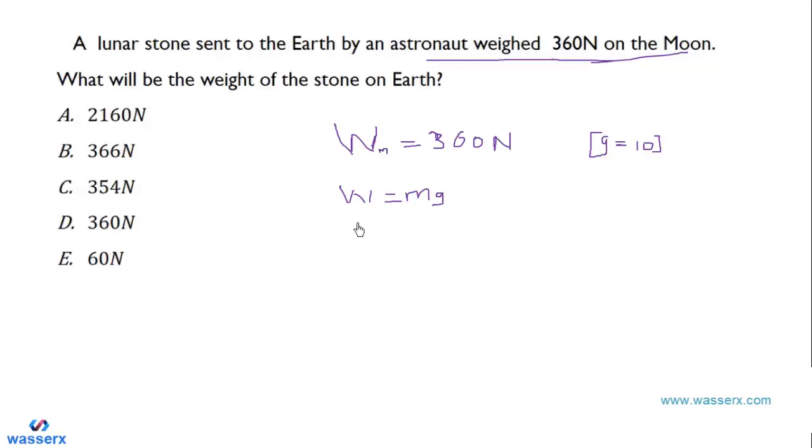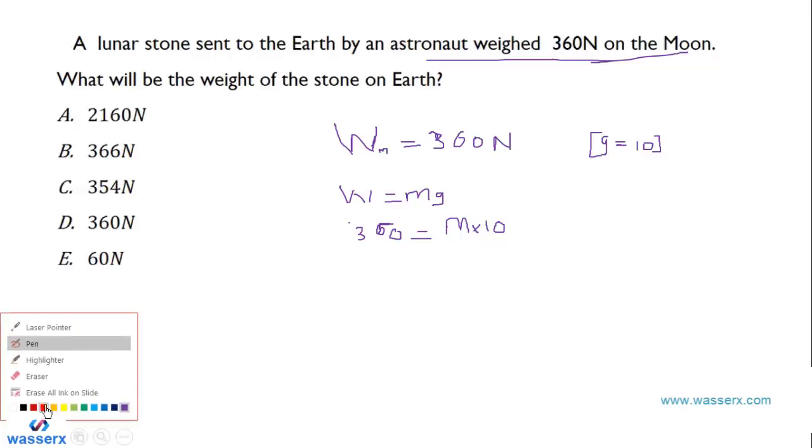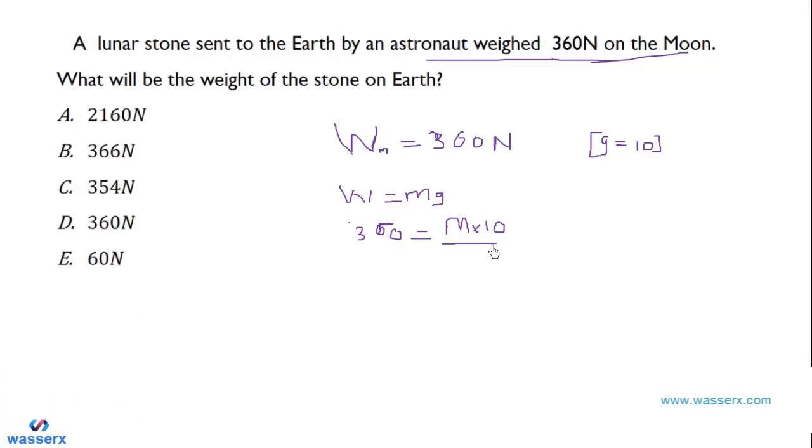So we substitute: we have 360 is equal to mass times gravity, which is 10. So we need to divide both sides by 10.